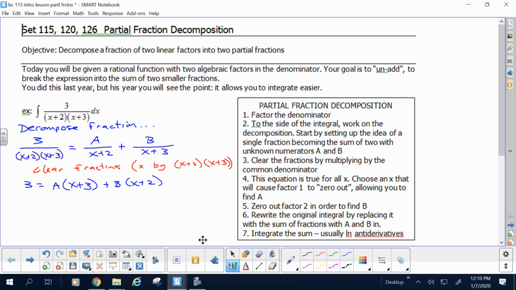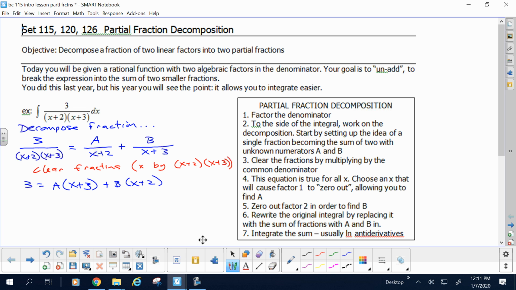Cool. Okay? Now, if it's your first time, you probably thought, I know that I'm not supposed to be able to solve an equation with 3 unknowns, right? This is true for all x's. If x is 5, then I should be able to find an A and B that make it true, right? X is anything I want. Well, what is a perfect x that would make my life easier?